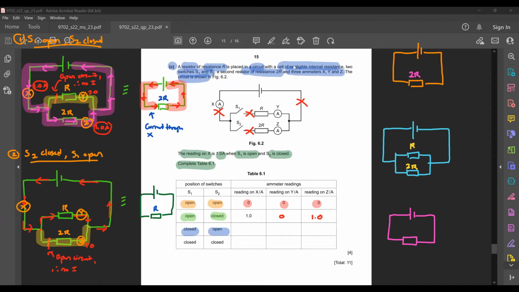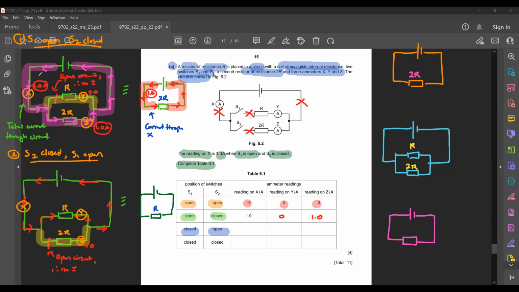The total current through the circuit ought to be measured by ammeter X, because you can see from the diagram before they were simplified, ammeter X is measuring the total current through the circuit before it even splits out at the parallel connection. So in our case now, we have 1 amp flowing right over here.